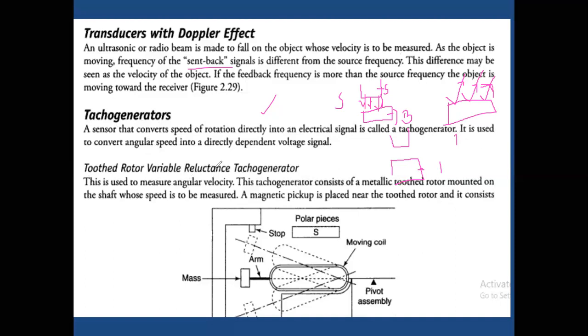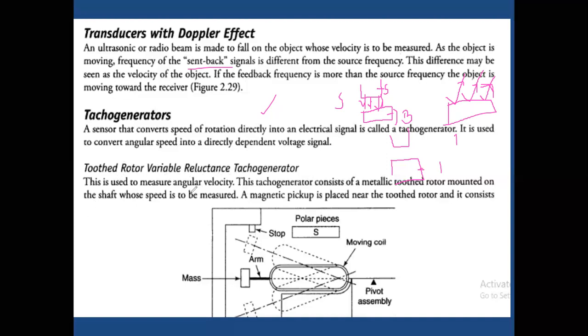You can call it a tacho generator. In electrical labs also, while measuring the speed of a shaft, we use one sensor, the tacho generator or tachometer, which provides digital values for the velocity of the shaft. It converts the angular speed, the angular velocity, into a directly dependent voltage signal.